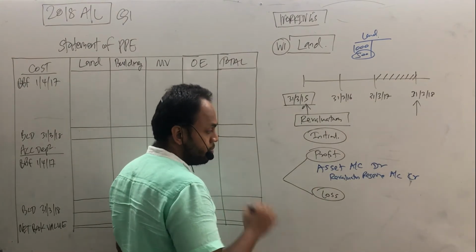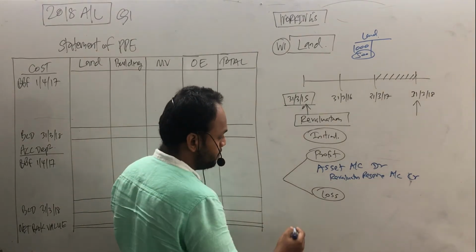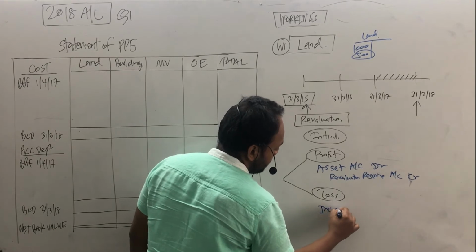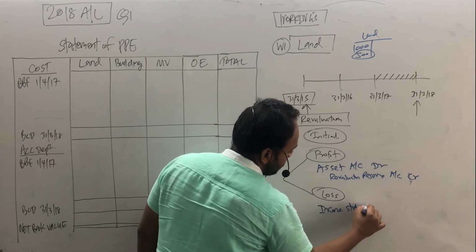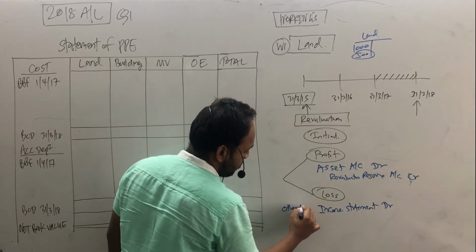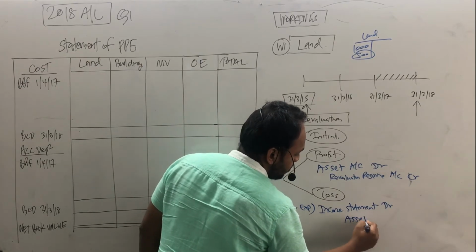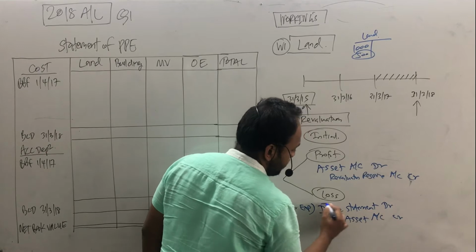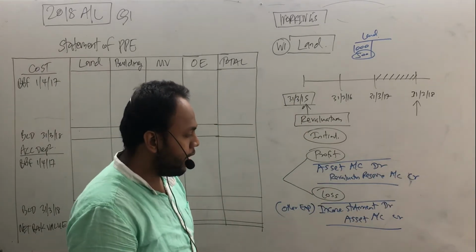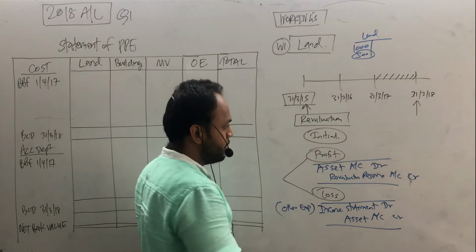If it is a loss, we have to consider it as an expense. Then income statement debit and asset account credit. So that is the initial revaluation.